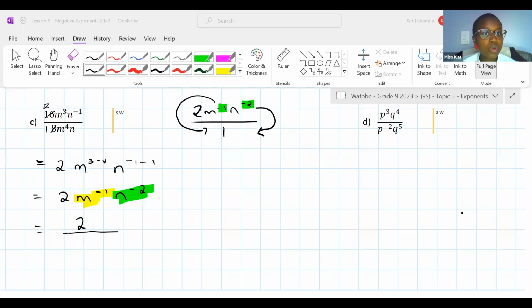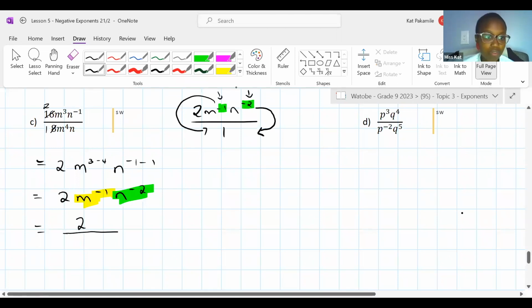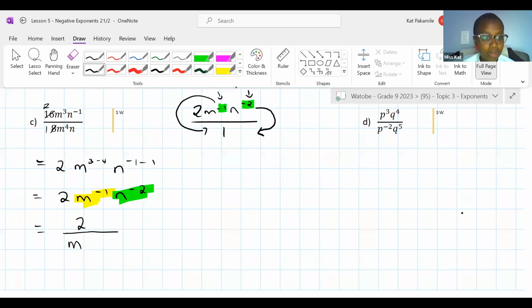Let me just finish off and explain. There we go. So if we want to move the m and the n, currently they are in the numerator. So we have to move them to the denominator if we want to make these two exponents positive. So it'll be 2 over m, because it was m to the 1. You can write the 1, you can leave it out. And the n becomes positive 2.